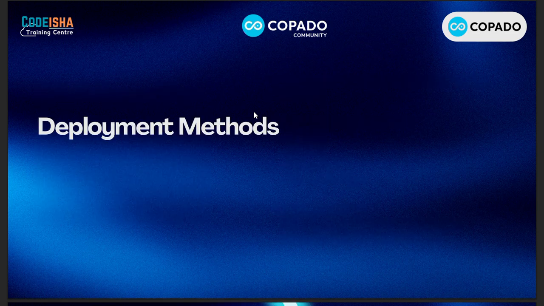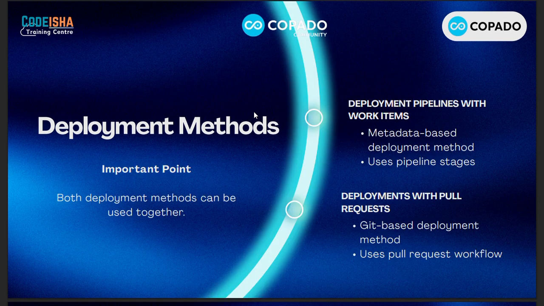And here are the deployment methods. Coming to deployments with pipelines and work items, it is a metadata-based deployment method and uses the pipeline stages. We will discuss the pipeline stages in the next slides.